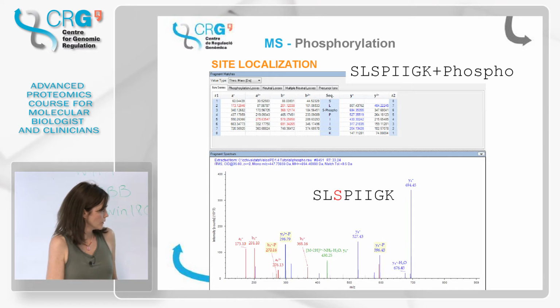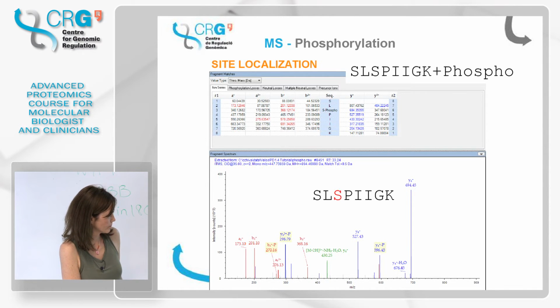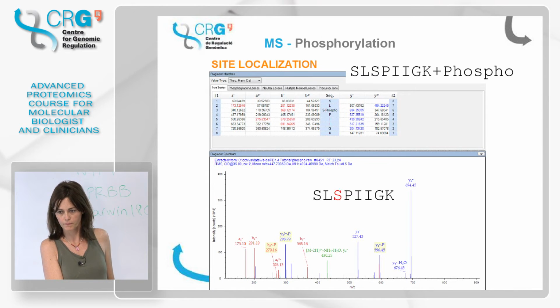What do we do? Okay, if we look at the exact spectrum, these are the ions that we have. Starting from the C-terminus this way come the Y ions. Here is the Y1, Y2, 3, 4, 5, etc. In blue, we have the ions that are in the spectrum, the ones that we see. And in red, the B ions. In black are the ones that are theoretical, but we don't see.